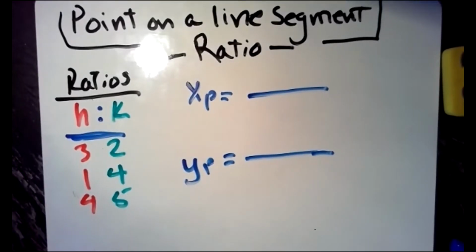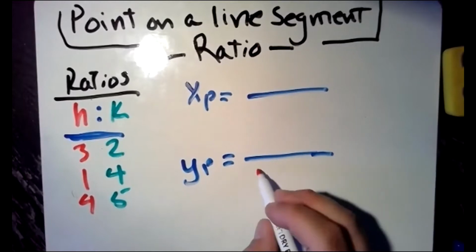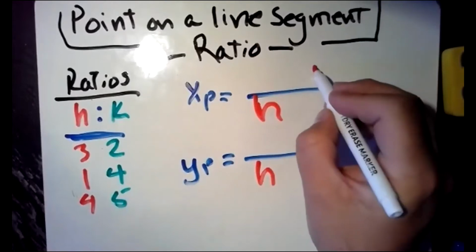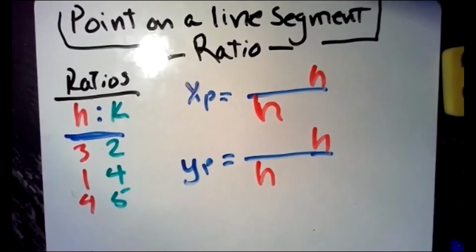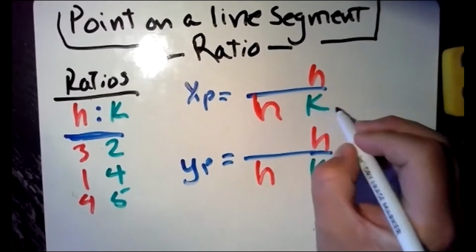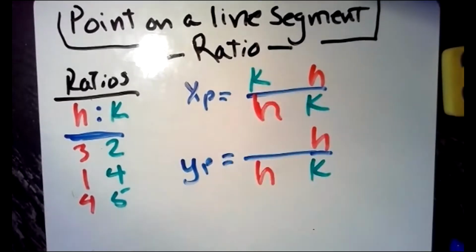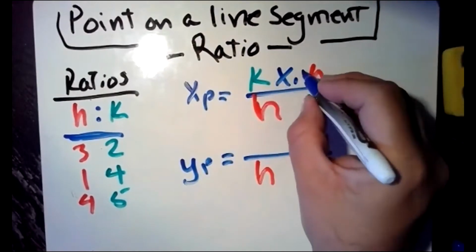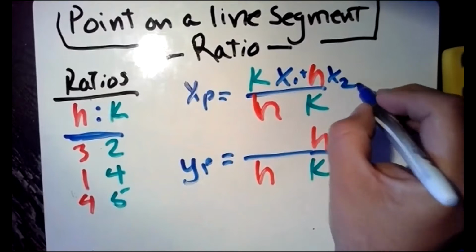You're going to put your H's underneath. Put an H over here, put an H over there. You're going to put your K here, K here, K here. You're going to put, for the X points, X1 plus X2.